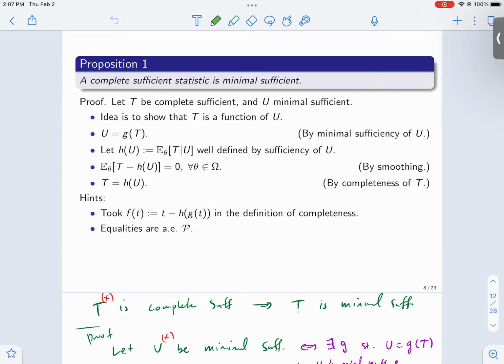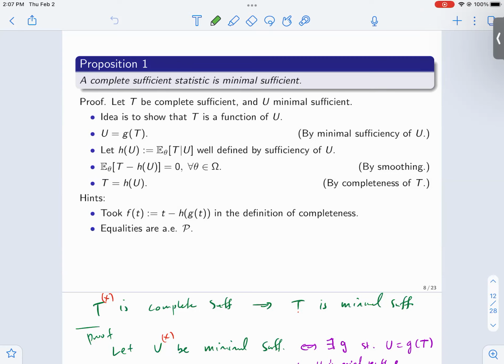So if you want to show that t is a function of u, we first look at the conditional expectation of t given u. That's always there, and then try to show that that actually coincides with t. So that's a strategy. If you want to show that something is a function of some other variable, you look at the conditional expectation. That has to be the best approximation in the sense that we discussed, and then try to verify that it's actually equal. So the completeness came in.